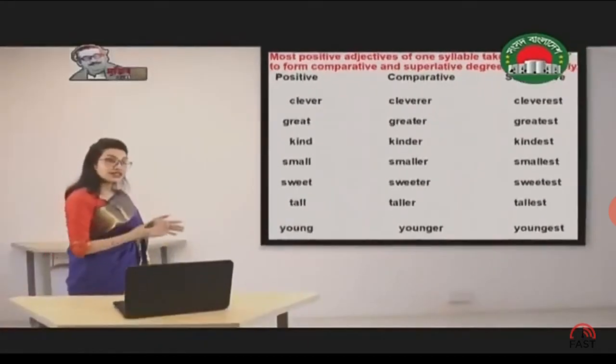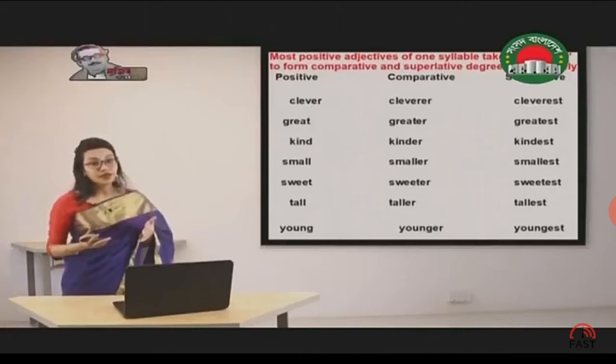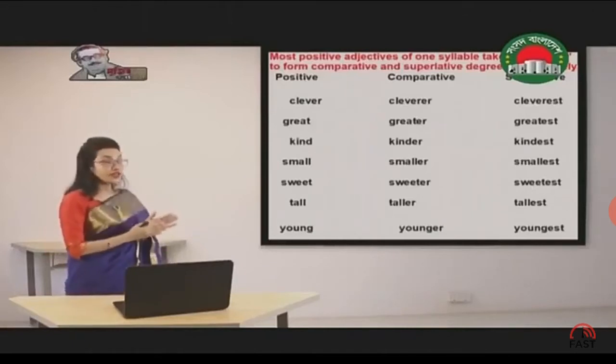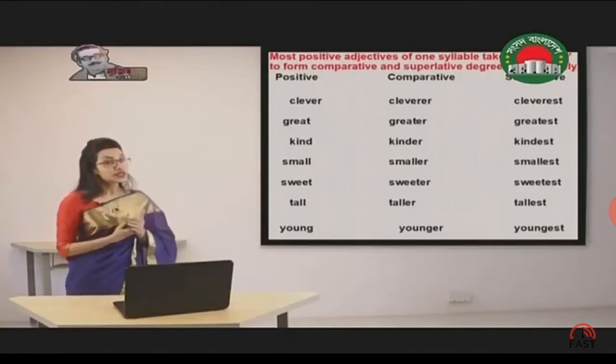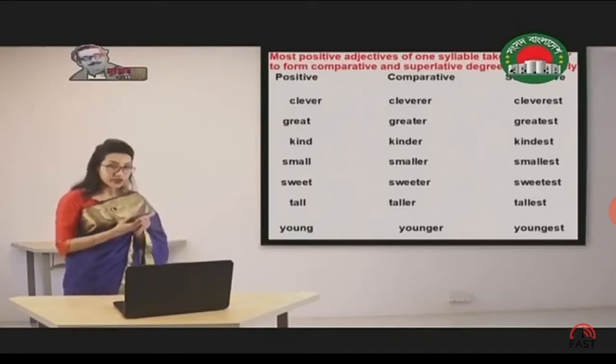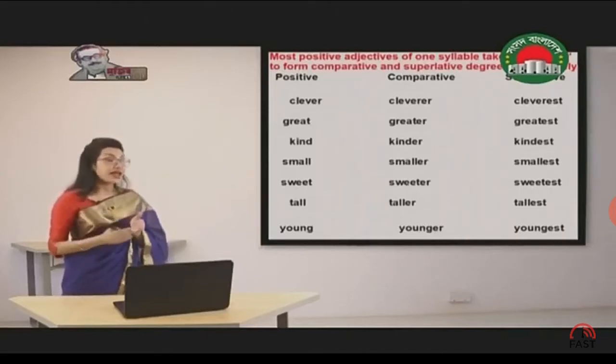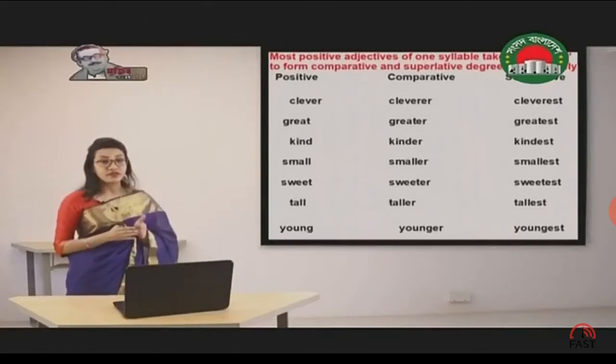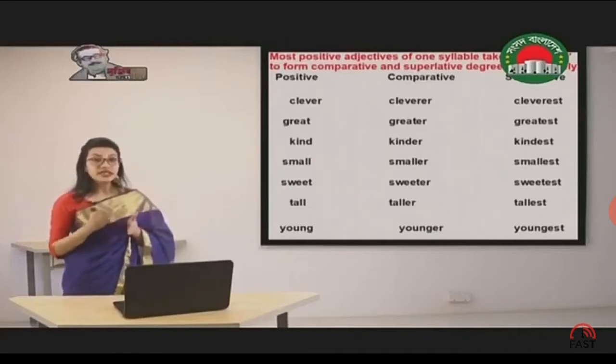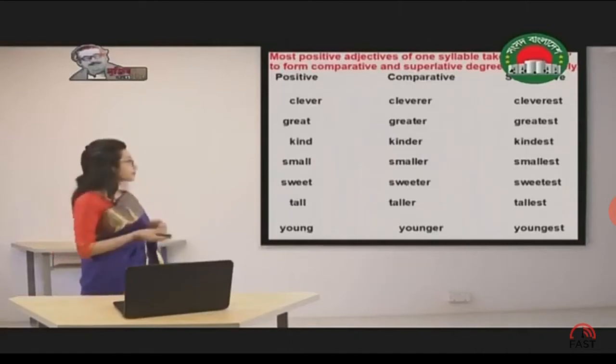In all these cases, the positive degree adjective is a one-syllable word, and for that reason, in case of comparative degree, we have used ER. On the other hand, in case of superlative degree, we have used EST at the end.